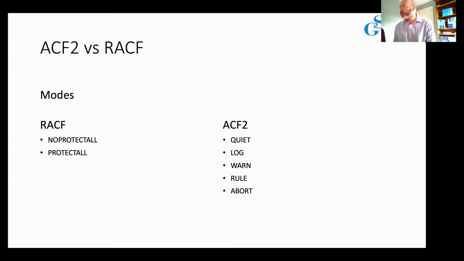And if that rule is set to abort, for example, it will do ACF2 checks. If the rule that you are trying to access is set to quiet, for example, it will not do any checks whatsoever.